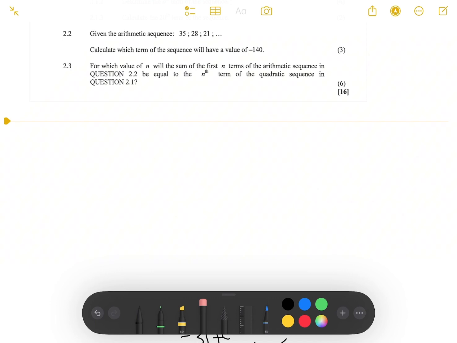They're saying, question 2.3, for which value of n will the sum of the first n terms of the arithmetic sequence, we know they're speaking about what? Sn equals n over 2 times (2a plus (n minus 1)d), right?